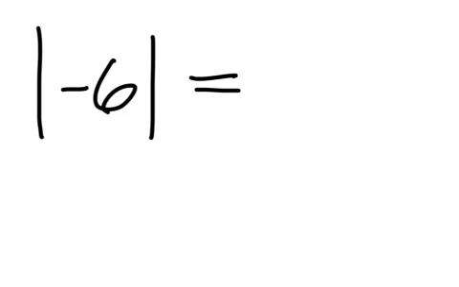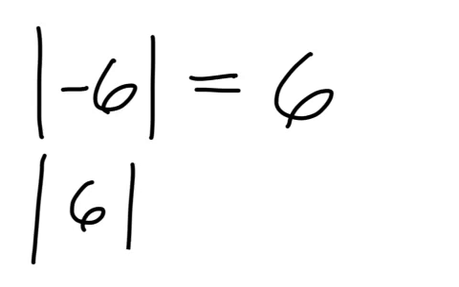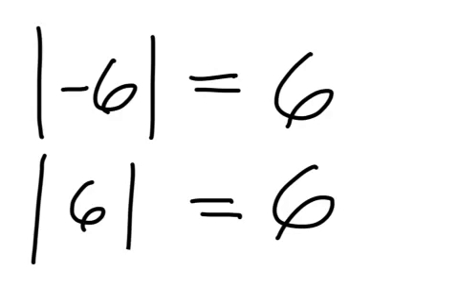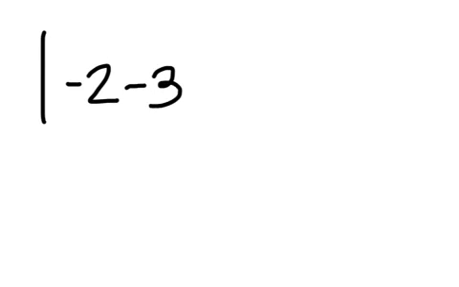If I had absolute value of negative 6, what's the answer? 6. The absolute value of positive 6 would be what? 6. And if I had the absolute value of negative 2 minus 3, that does not mean I'm going to change each individual item in there into positives.